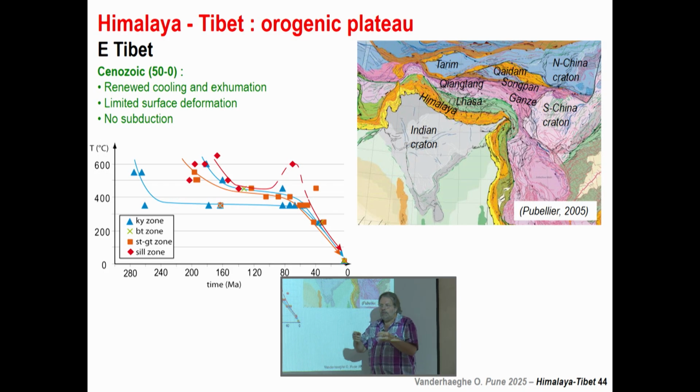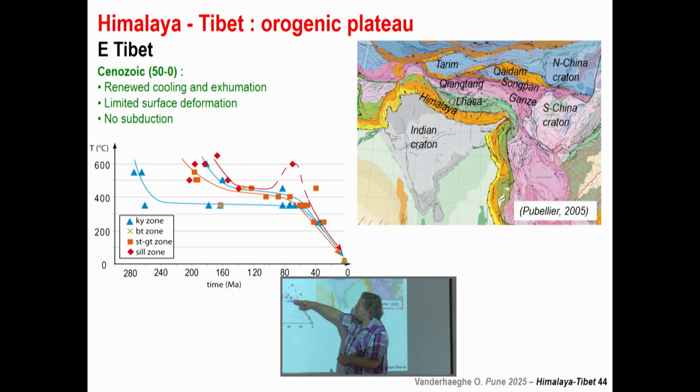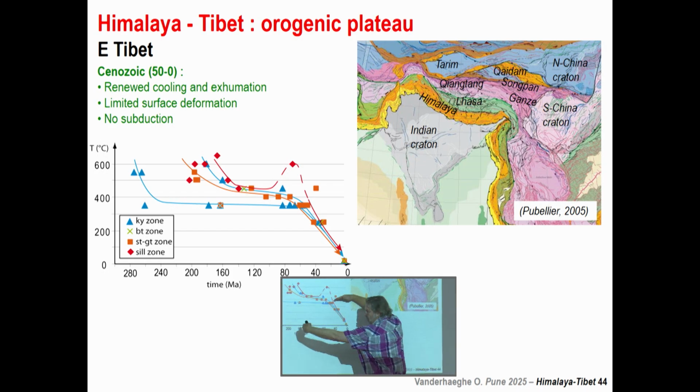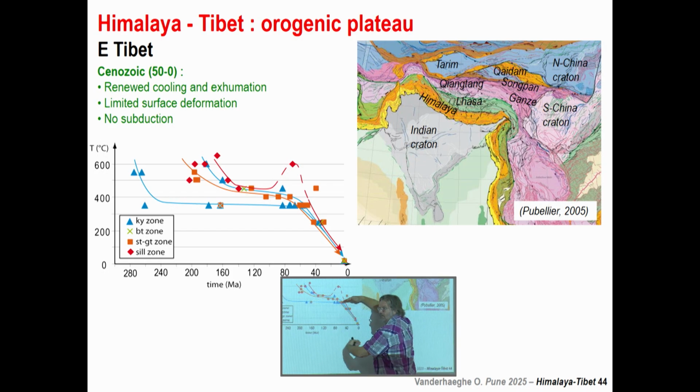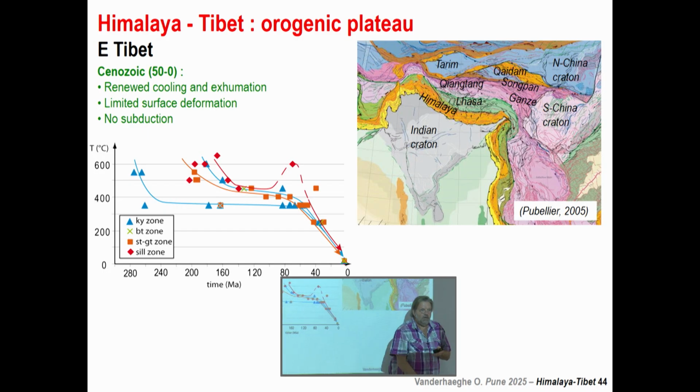You see only faults that might account for 10% of shortening. So I think most of the thickening here happens underneath the carpet. The top unit is being uplifted and then eroded, exhumed, but thickening happens beneath the carpet.